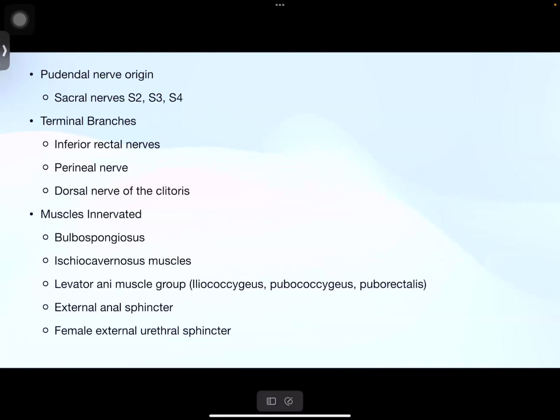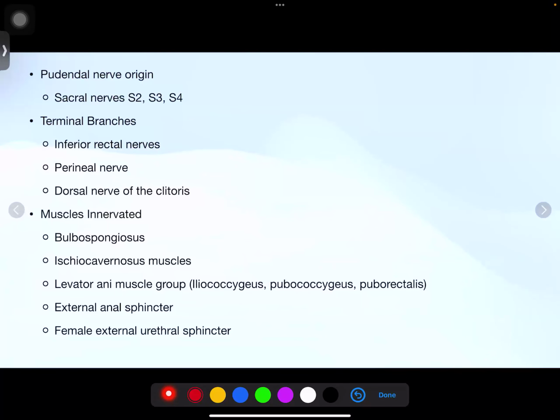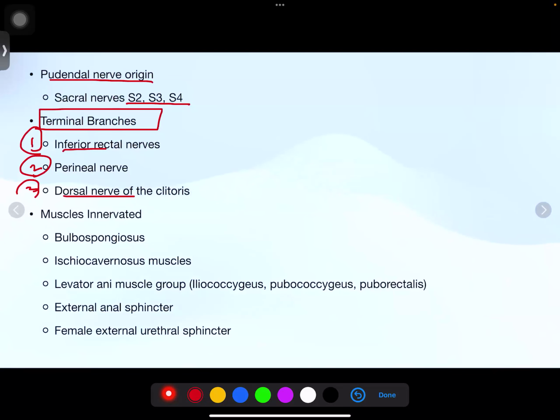The pudendal nerve's origin is from S2, S3, and S4. The three very important terminal branches are the inferior rectal, the perineal, and the dorsal nerve of the clitoris. Which muscles does the pudendal nerve innervate?